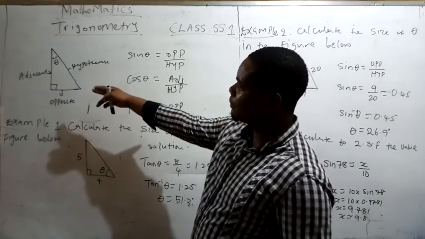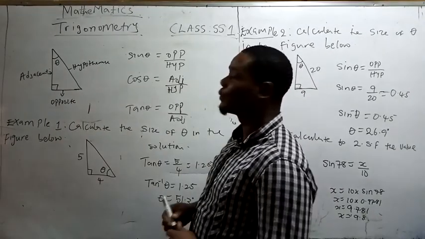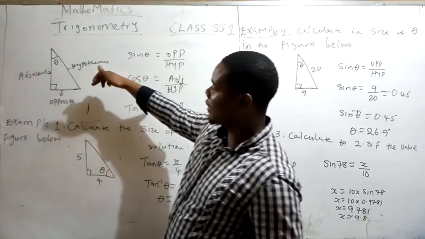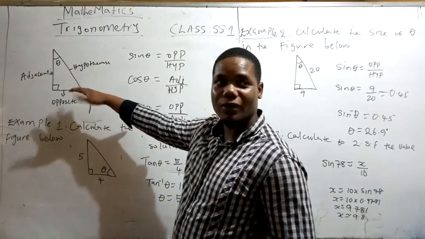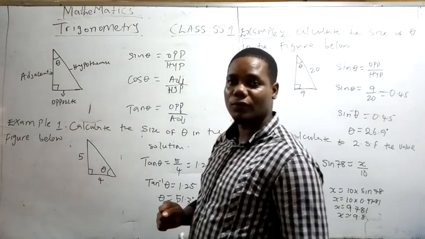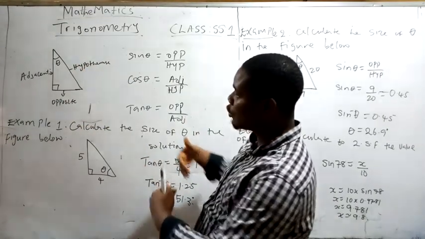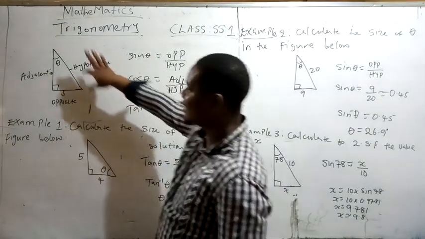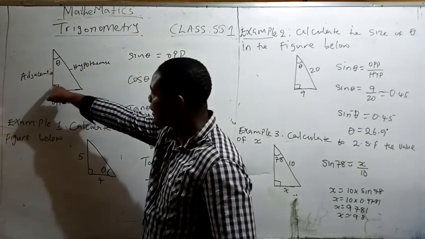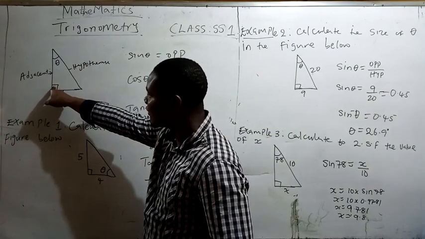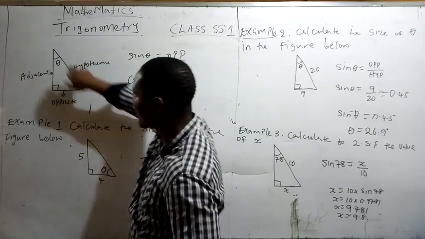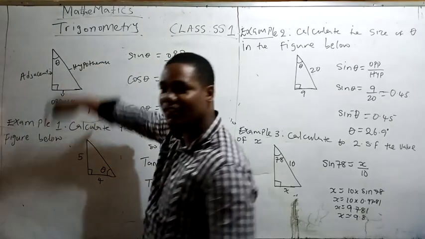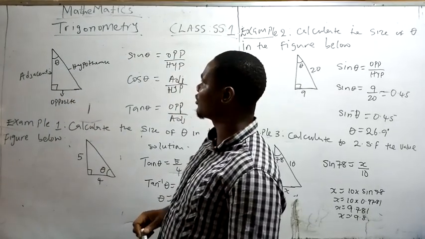Now, this is a second triangle to discuss the position of the angle in a right angle triangle. The first triangle talked about the 2 acute angles that are found in the right angle triangle. Since we have 90 here, the other 2 angles are acute angles, which when you sum up everything must give you 180 degrees.